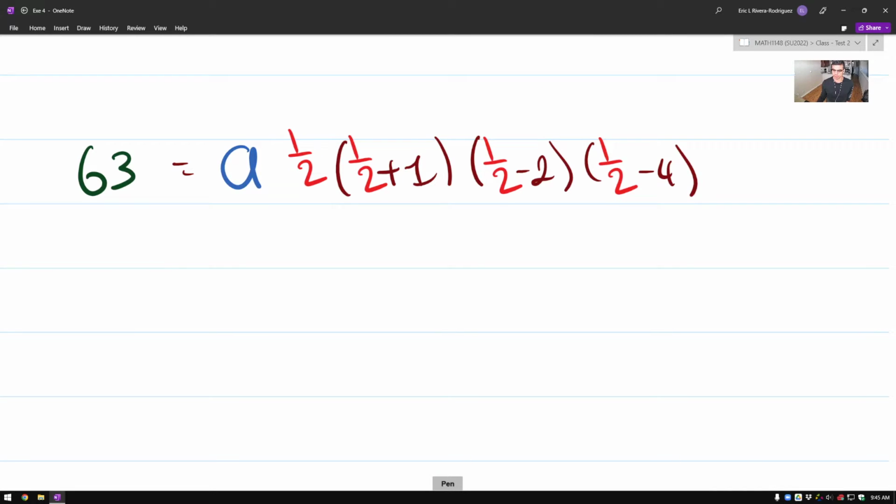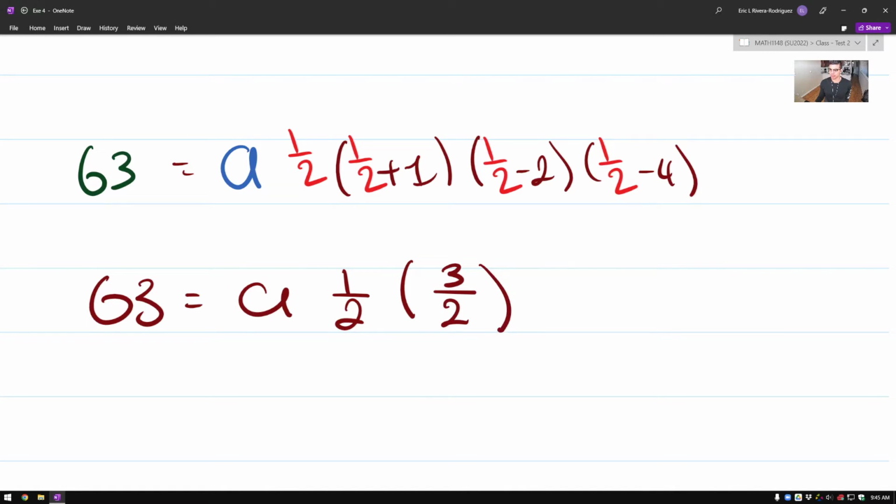So 63 equals a times 1/2, and then this is going to be 3/2. This is going to be negative 3/2, and then this is going to be negative 7/2.